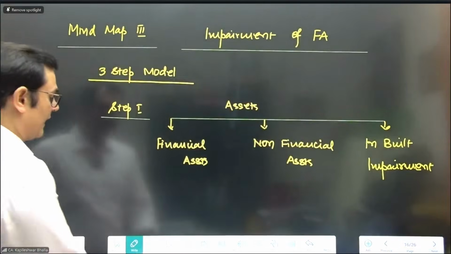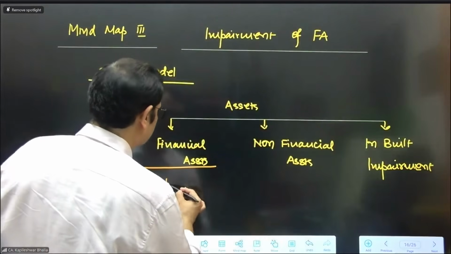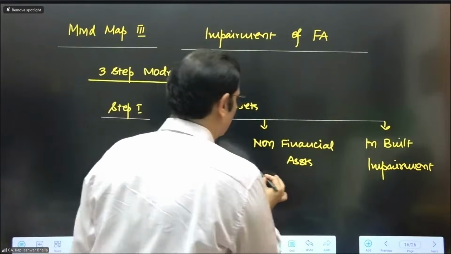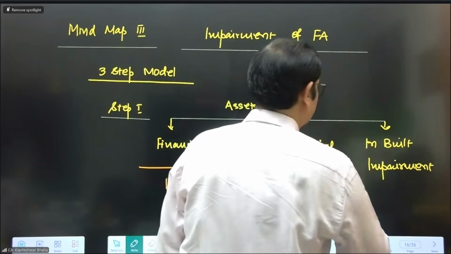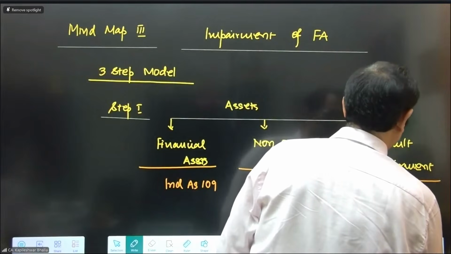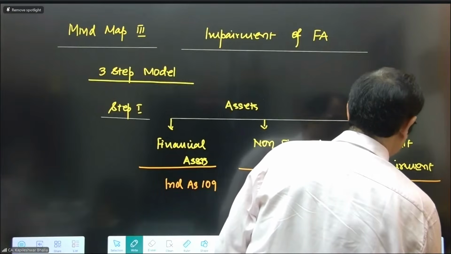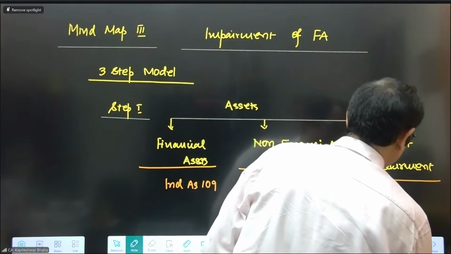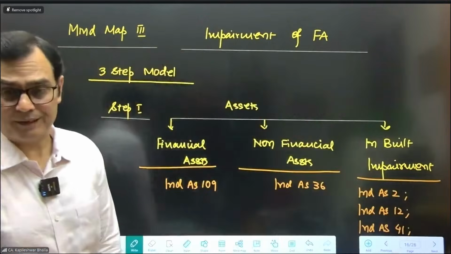Now, per se, when you look at the concept of financial assets, they will be covered under Ind AS 109. Non-financial assets, Ind AS 36. And inbuilt impairment, like for example, inventory, Ind AS 2. Like for example, deferred tax asset, Ind AS 12. Like for example, agricultural biological assets, which are covered under Ind AS 41.